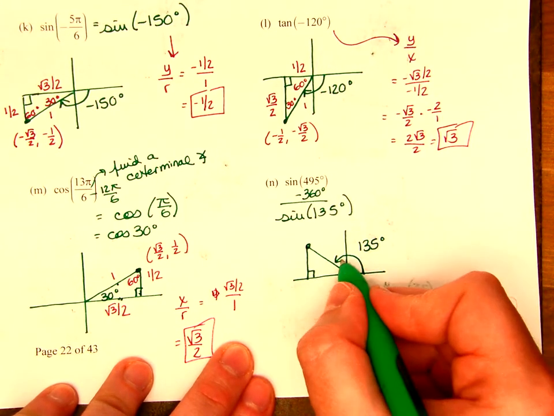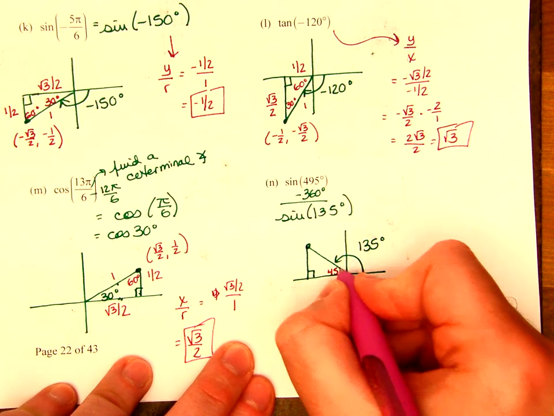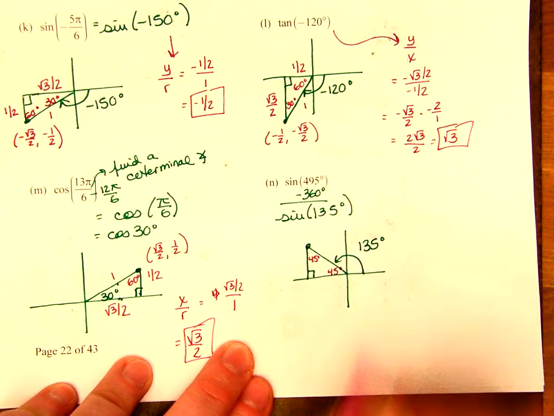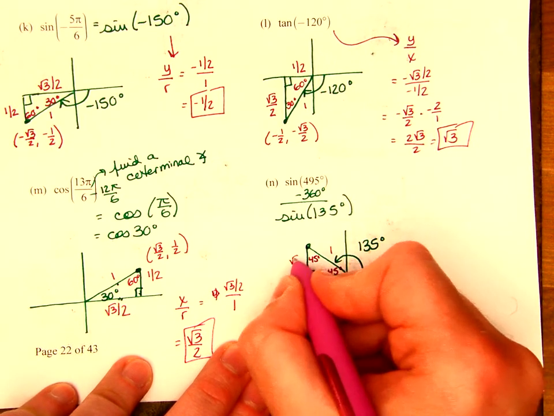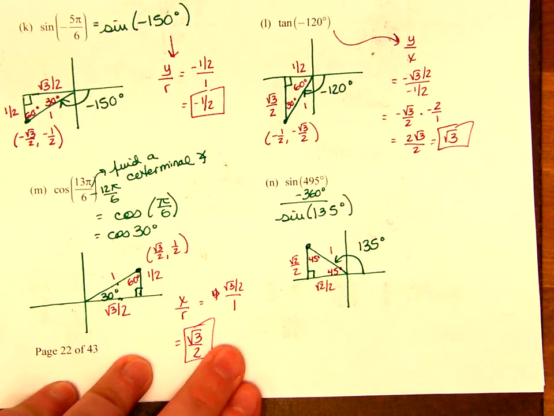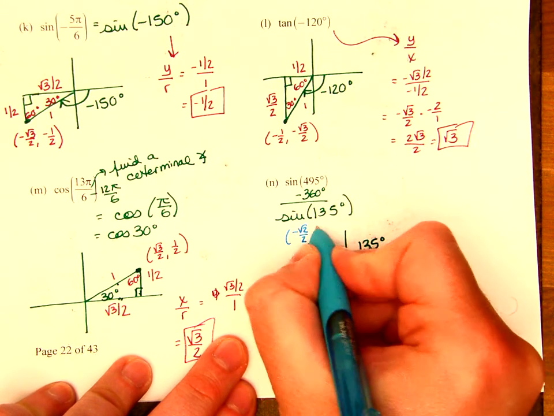To get from 135 to 180, I need another 45 degrees. So I'll fill that in as 45 and that in as 45. 1, root 2 over 2, root 2 over 2. Coordinates are negative root 2 over 2, comma root 2 over 2.